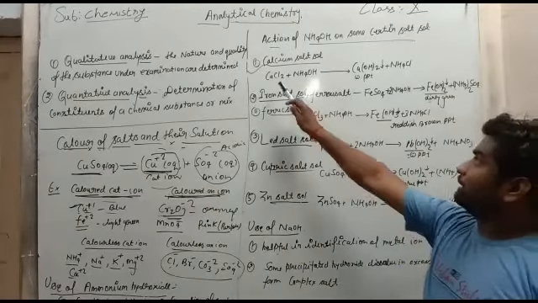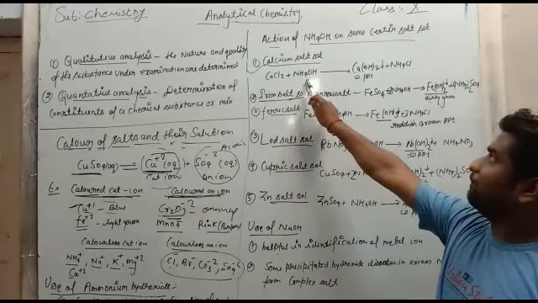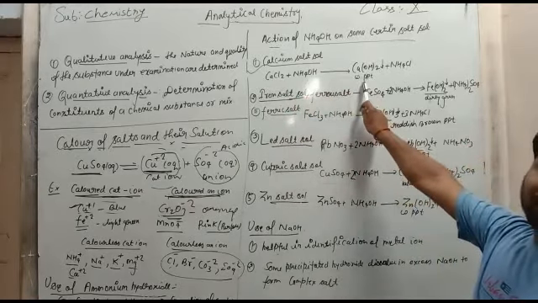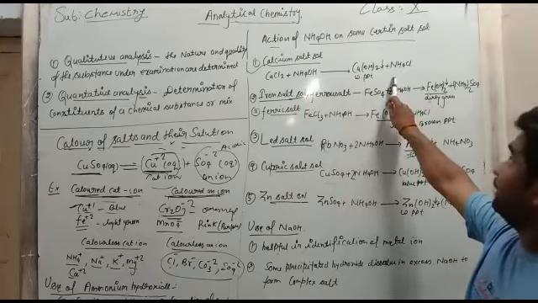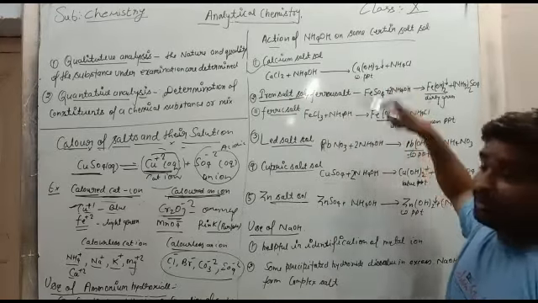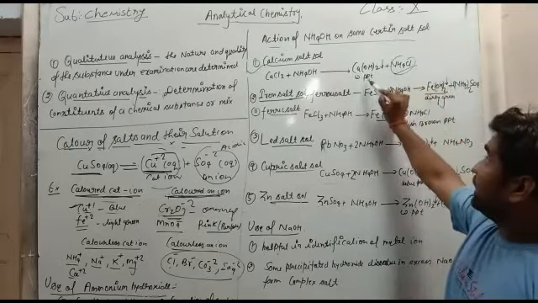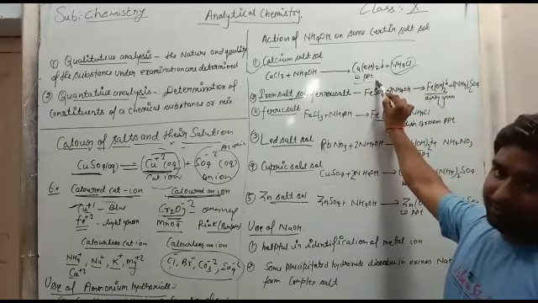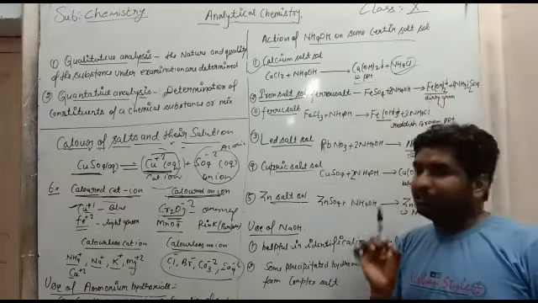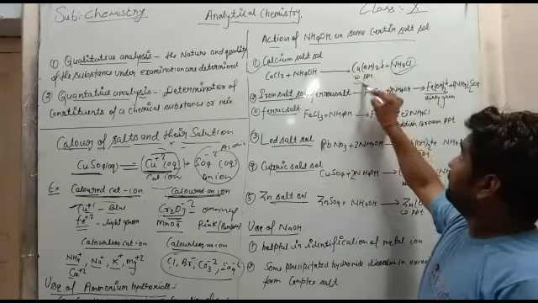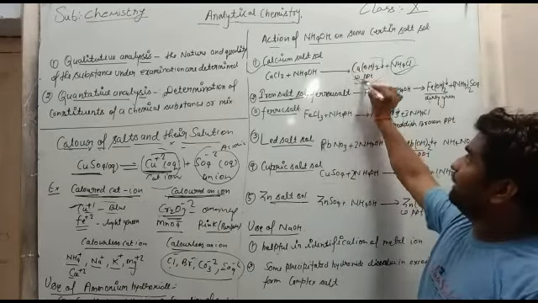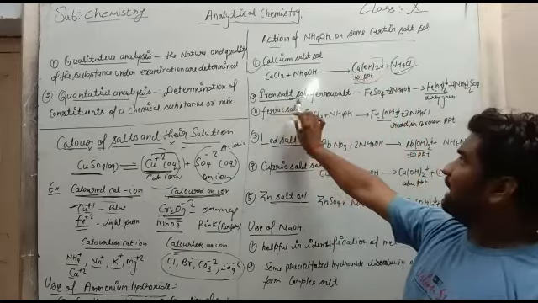Calcium chloride reacts with ammonium hydroxide and gets converted into calcium hydroxide and NH4Cl, known as ammonium chloride. And the color of this precipitate is white. All calcium precipitates are white, dull white. Now next, iron salt.